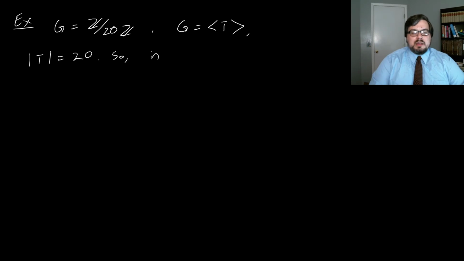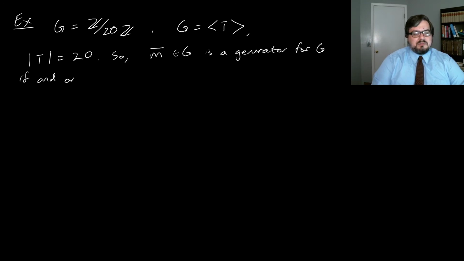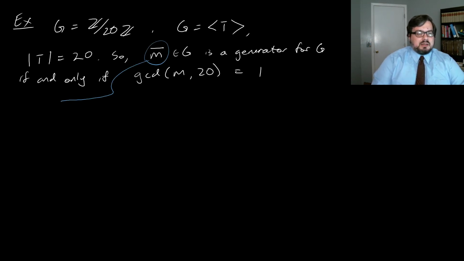So a number m bar in G is a generator for G if and only if the greatest common divisor of m and 20 is equal to 1. And this comes from the fact that m bar is equal to m times 1 bar, where m is an integer.